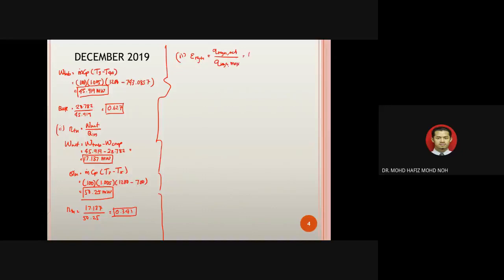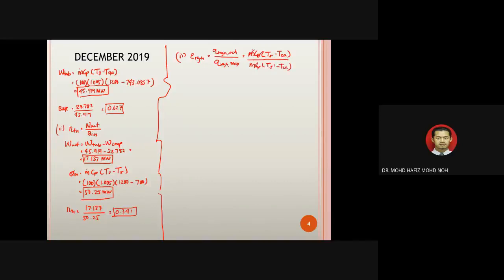In this case, it is m dot Cp (T5 minus T2 actual) divided by m dot Cp (T5 prime minus T2 actual).